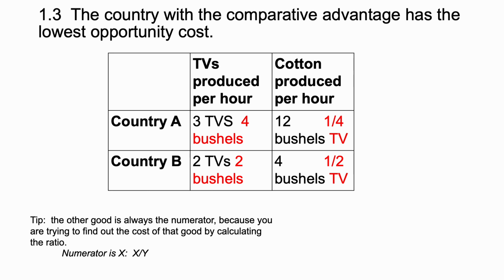As you can see, for TVs, country B has the lowest opportunity cost because they give up 2 bushels of cotton, whereas country A gives up 4 bushels of cotton. And the lowest opportunity cost for the cotton is country A. So, therefore, country B should produce TVs and country A should produce cotton.